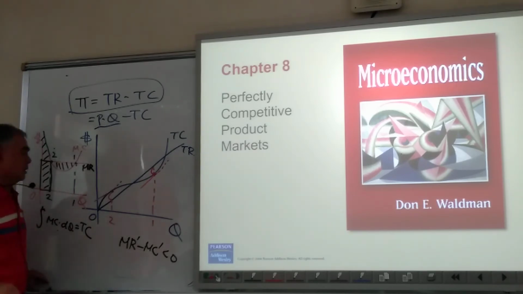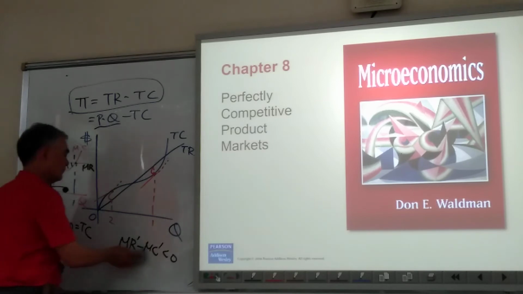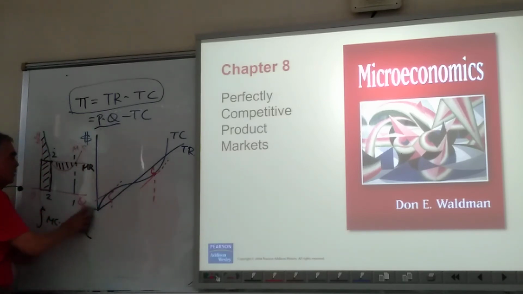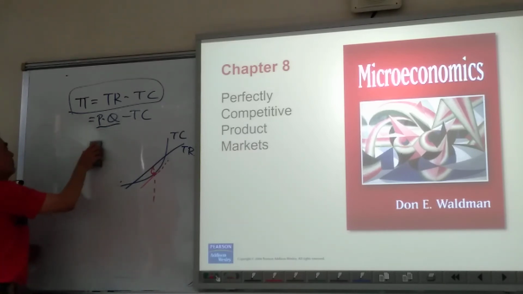Okay. So now we are going to move forward to the decision of a competitive firm, how it's going to operate in the market. First of all, everyone in a competitive market is a price taker. So you cannot set a price on your own because you don't have any monopoly power.